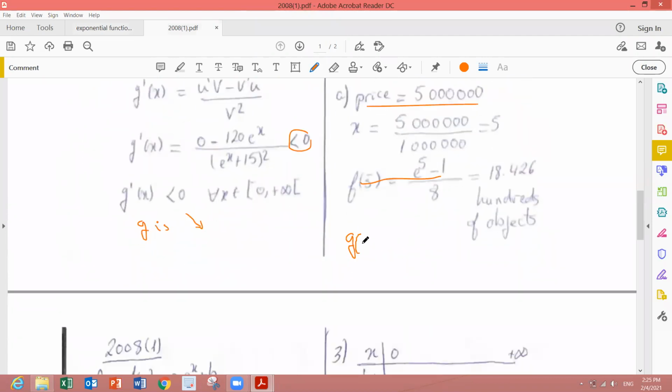G of 5, how much will it be? G equals 120 over e power 5 plus 1.